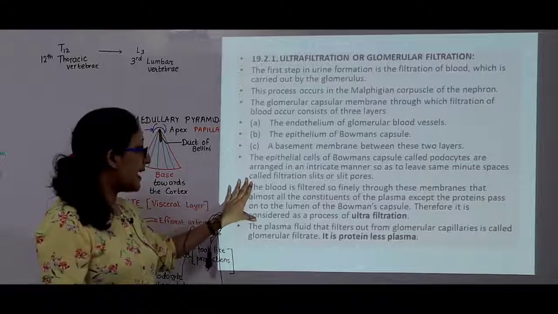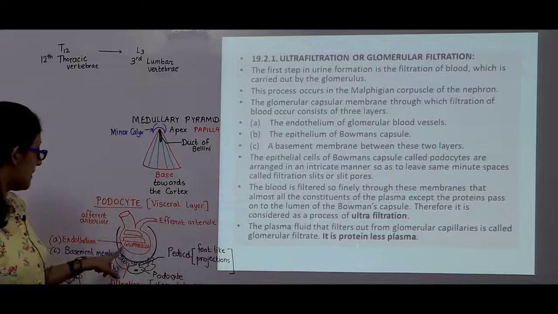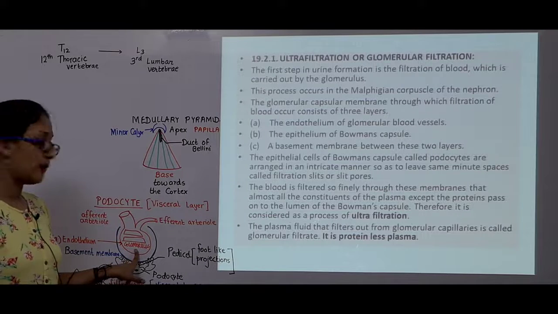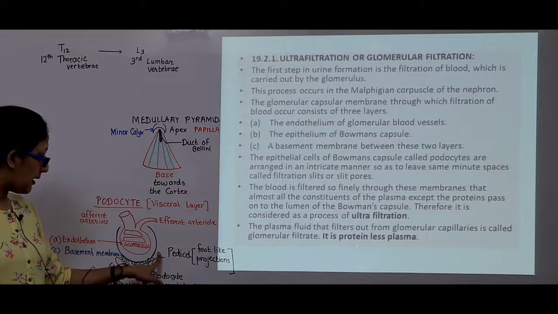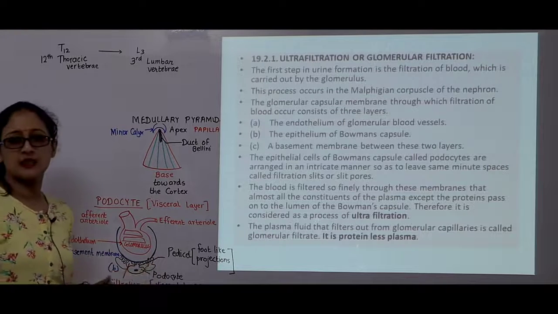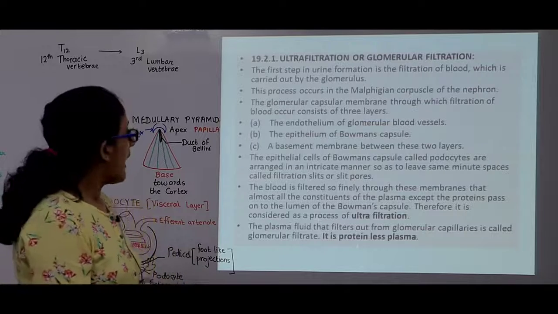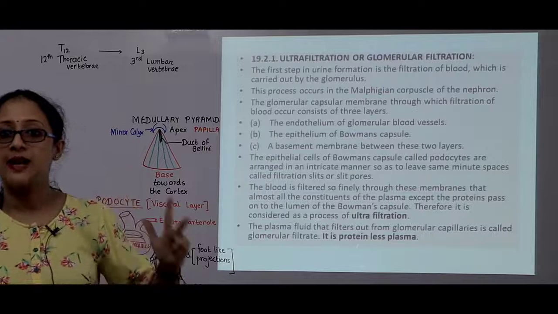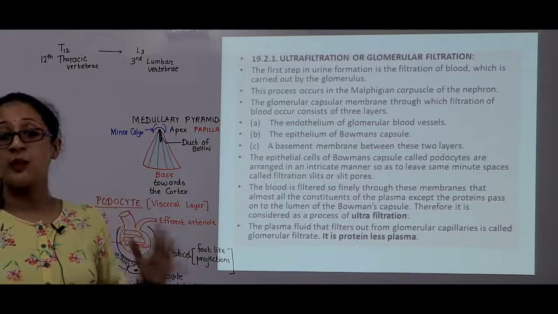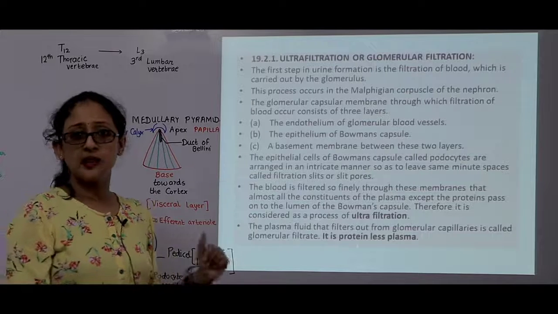Okay, so the blood filters finally through these three membranes. Which are the three membranes? The endothelium of the glomerulus, second the basement membrane, and third are the podocytes of the Bowman's capsule. As the filtration occurs, RBCs, WBCs, platelets and even plasma proteins, these being large in size, cannot be filtered out.